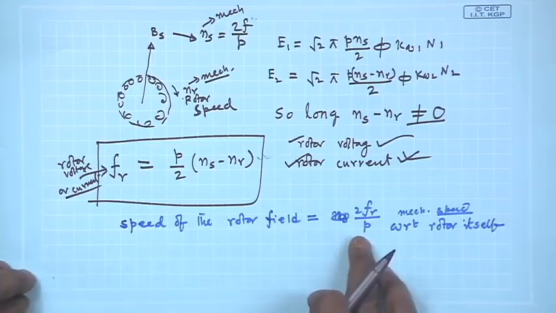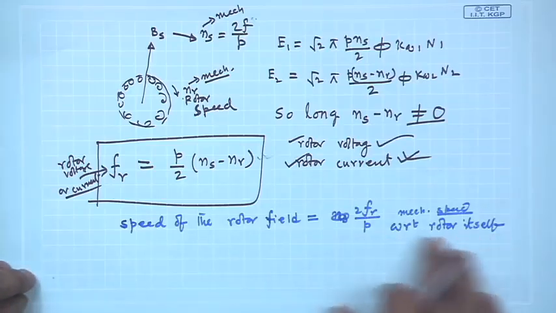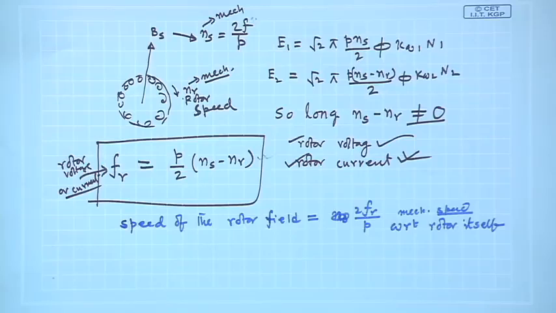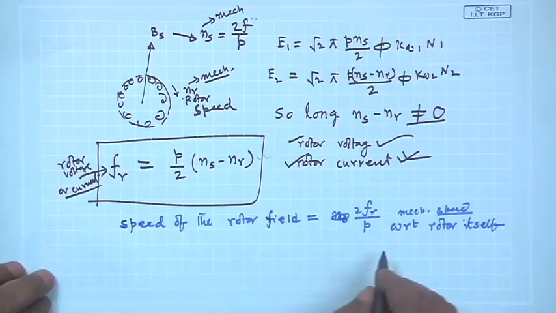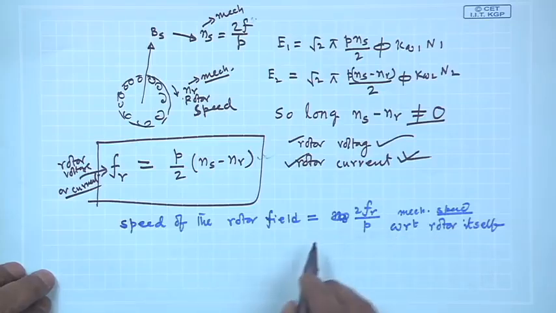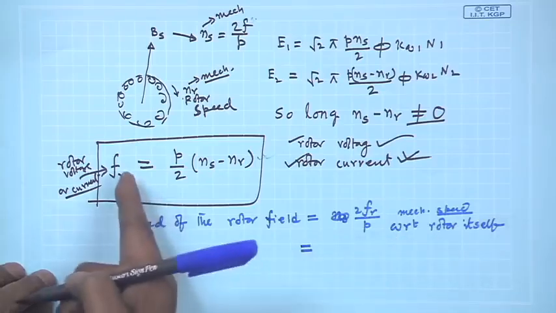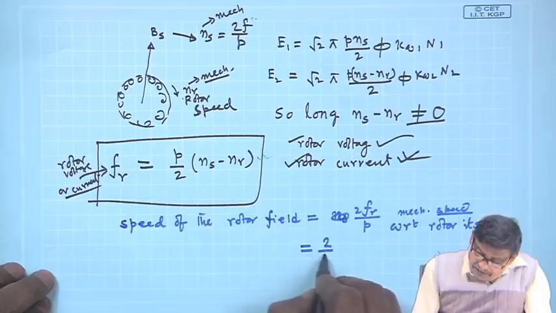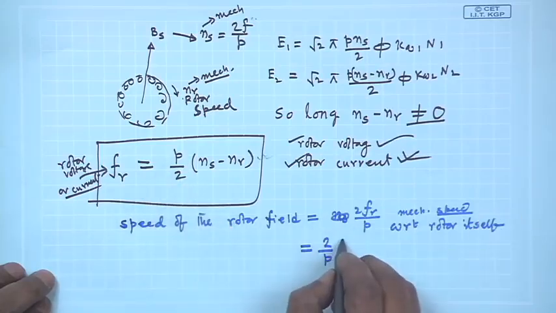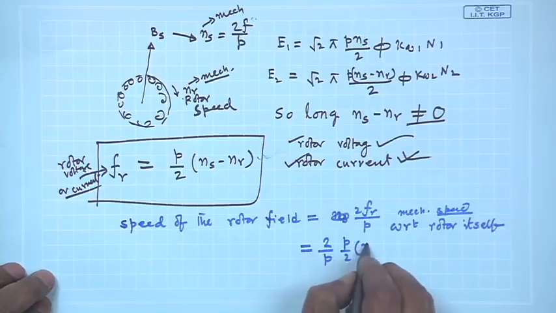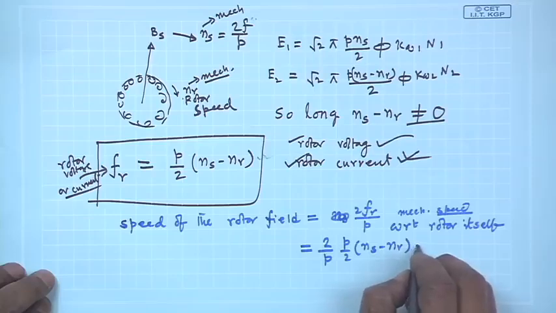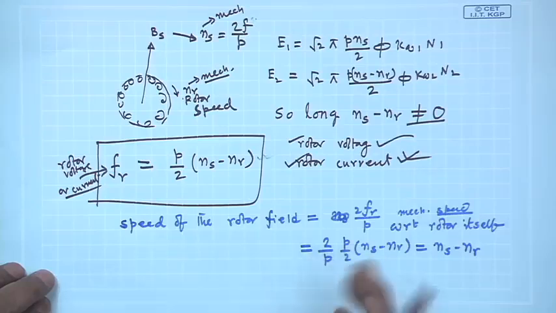So, that will be the speed of the rotating field. Now, Fr is once again P by 2 into Ns minus Nr, is it not, and this will be equal to Ns minus Nr. Perhaps I could write it straight away, but anyway it is good to do it like this.